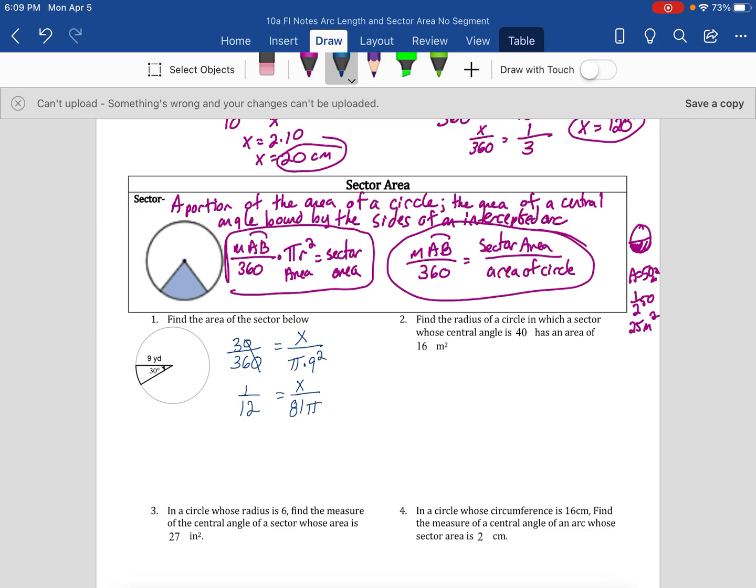So I cross multiply. 12 times x is equal to 81 pi. I divide by 12. X is equal to 6.75, and that's not rounded, pi yards squared. Okay, and make sure that you put squared in there. Otherwise points will be deducted because area is measured in units squared, because you cover something in squares, and that's what it's asking about.